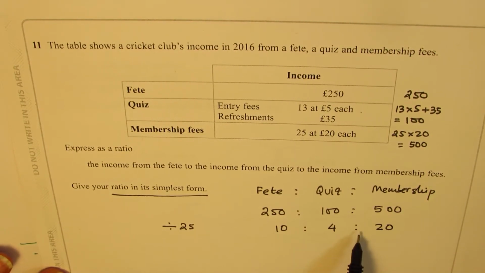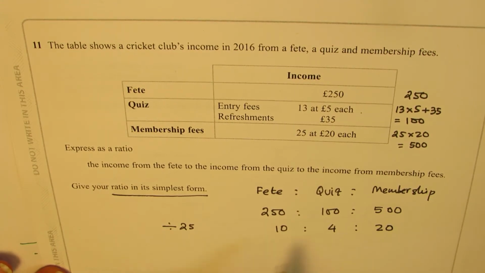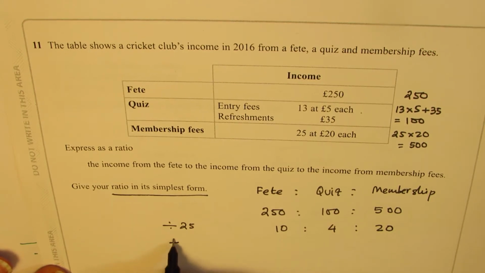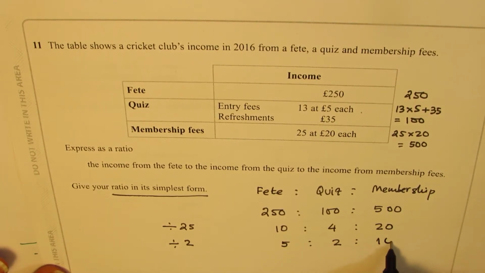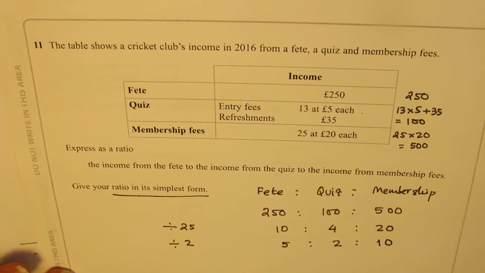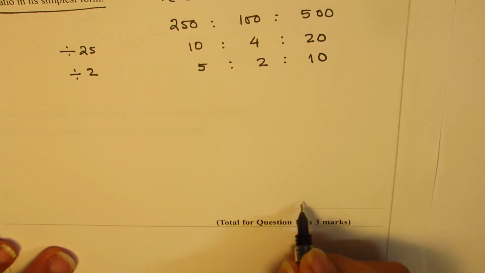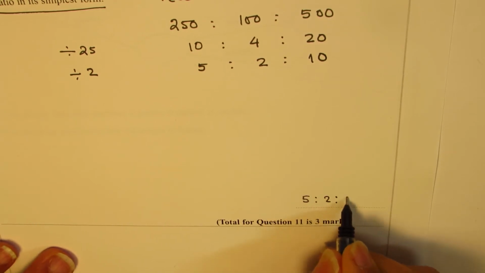Well, we can further simplify and we can divide all of them by 2, right? So we could further reduce them. So we can now divide by 2. So we get 5 is to 2 is to 10. Okay. So that becomes the ratio in the simplest form. So you could do it in steps, right? So we have this ratio as 5 is to 2 is to 10.